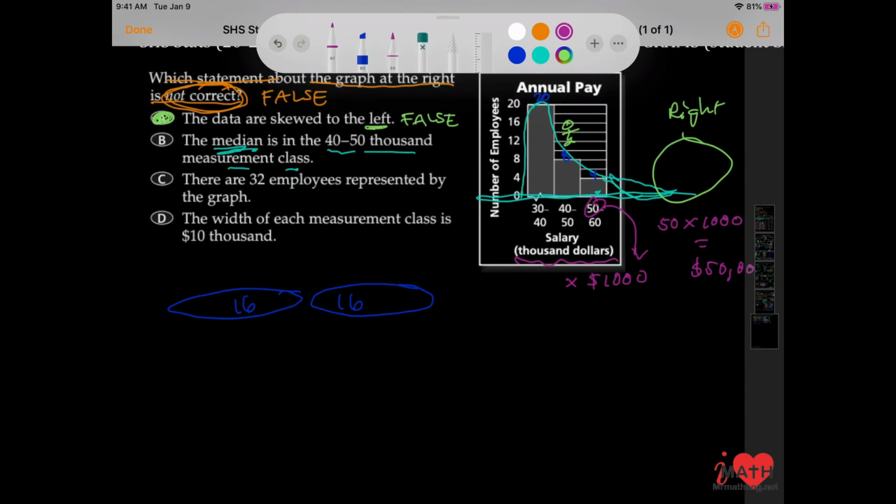But I need to take the 16th and 17th person, and you add them together. So the 16th employee and how much they make plus the 17th employee, and then you divide that by 2. So it's between the 16th and 17th is what we're trying to find. Okay, so here is the 16th employee, and this is the 17th employee. But both of those are basically in between 30 and 40.